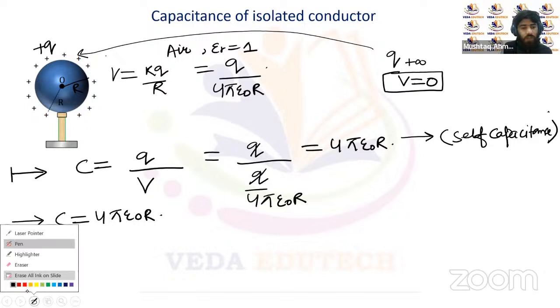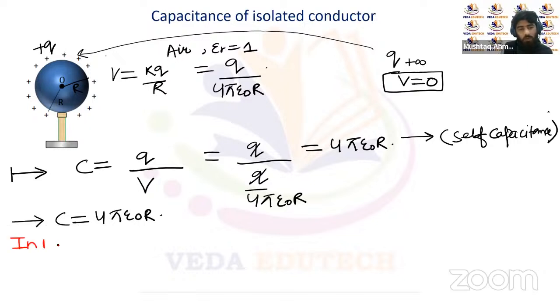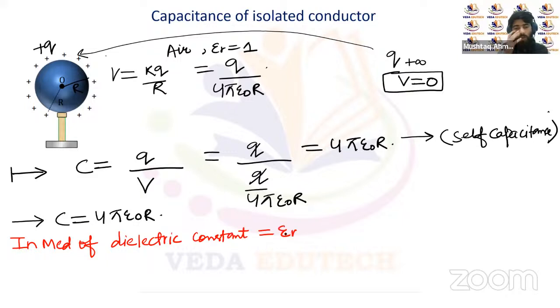And in presence of a medium of dielectric constant epsilon r, the capacitance will be equal to 4 pi epsilon naught epsilon r multiplied by the radius of this conductor, right?